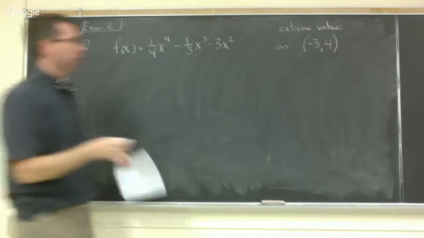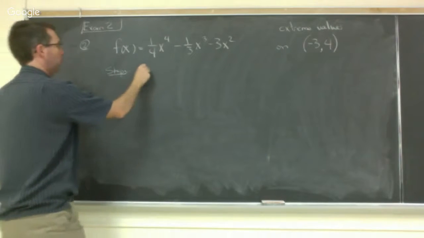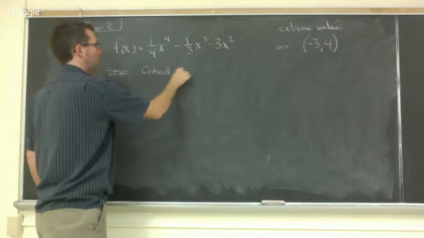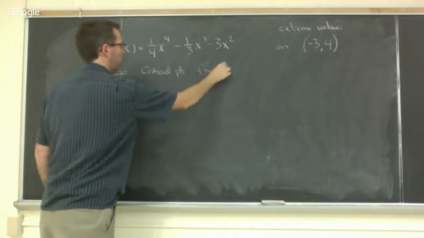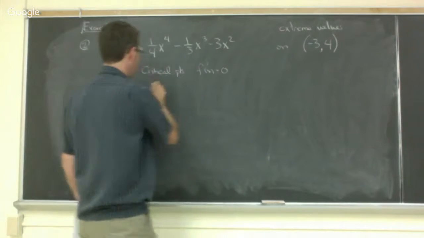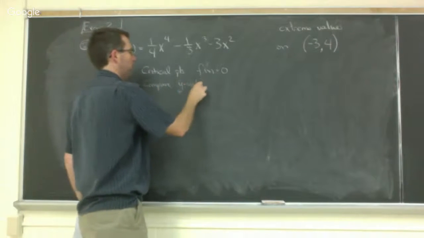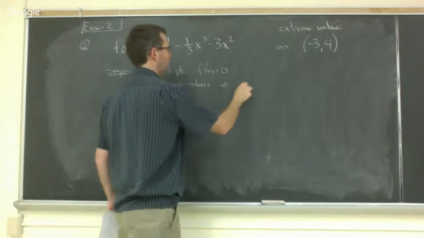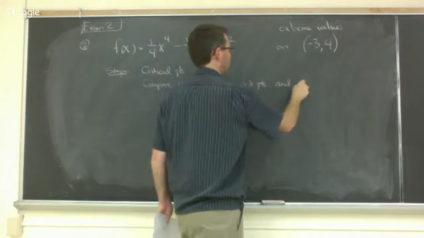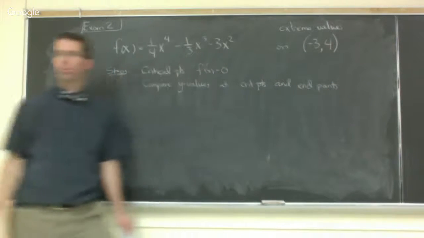We need to find all the critical points, so our steps: we need to find f prime of x equals 0, and then we need to compare the y values at the critical points and the endpoints.